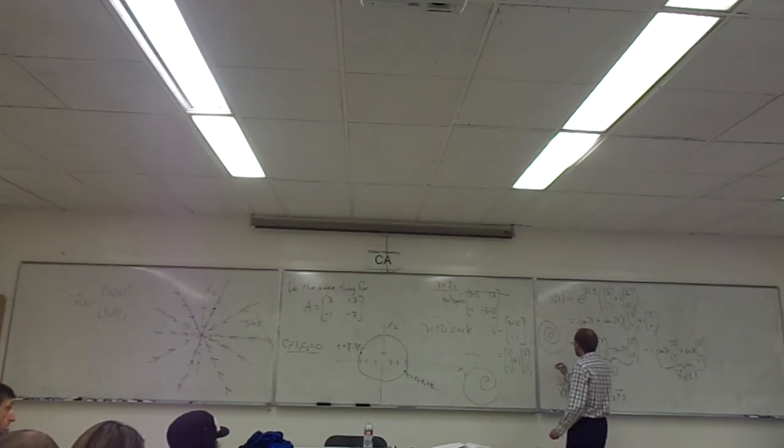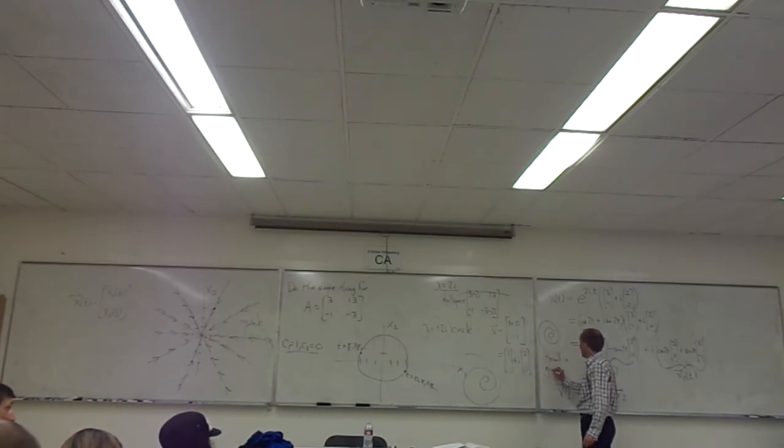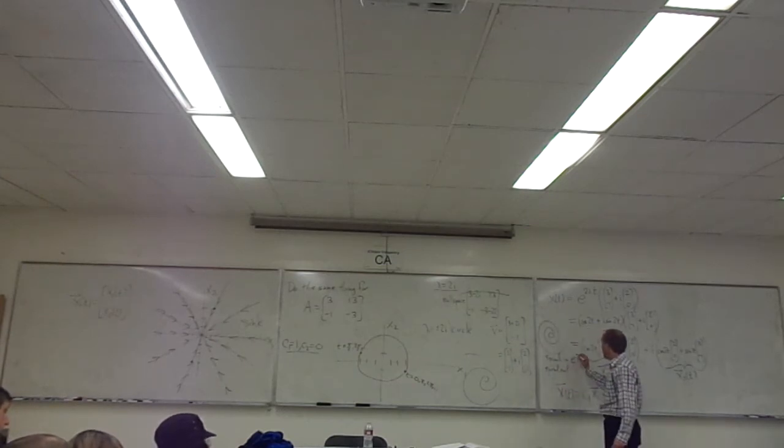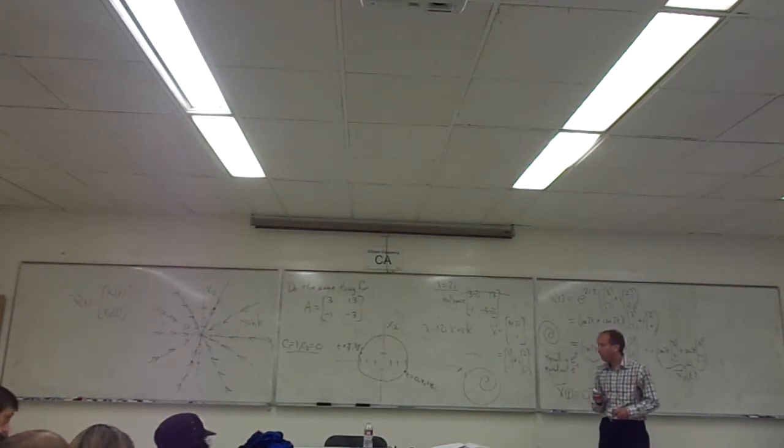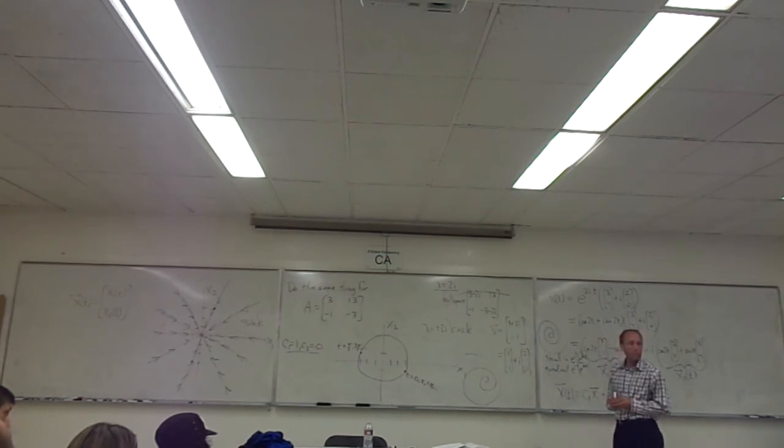So you can get a spiral in, or you can get a spiral out, depending on whether it's e to the positive t or e to the negative t times the e to the bit, which is the imaginary part. So this is like e to the at versus e to the negative at. Kind of makes sense, roughly?